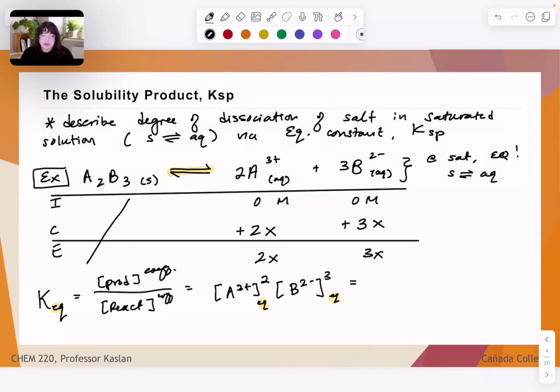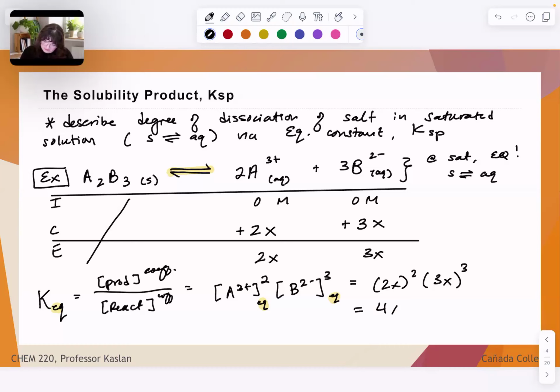And if I plug in my ice table values, I get 2x squared times 3x cubed, sorry. Make sure my 2's and 3's are accounted for.